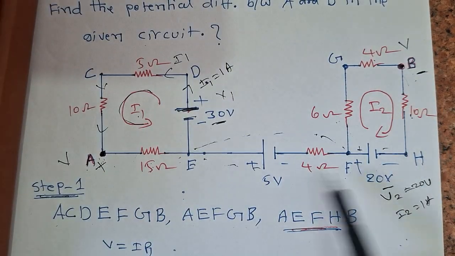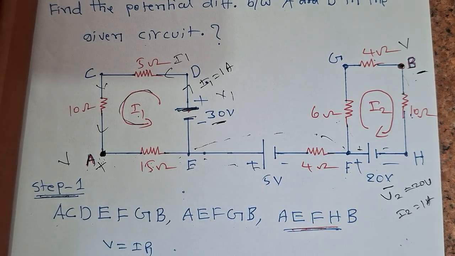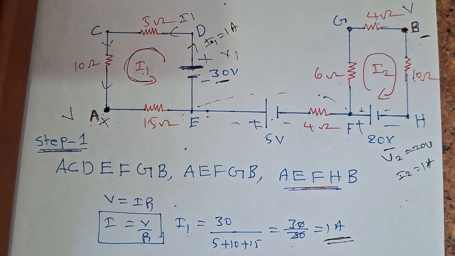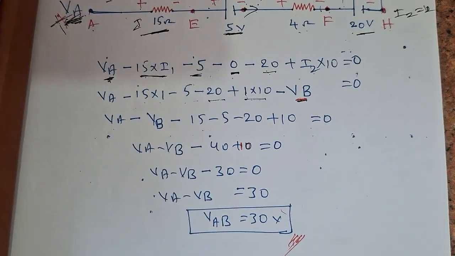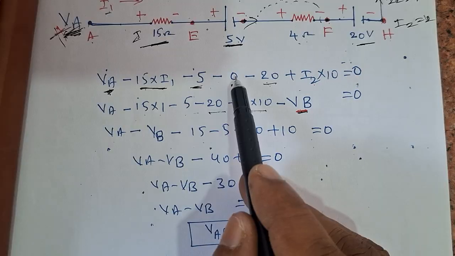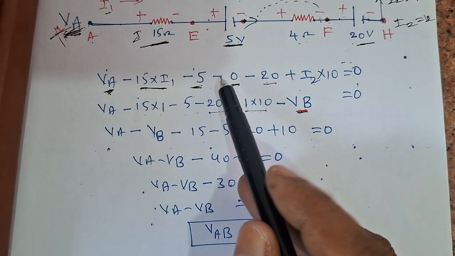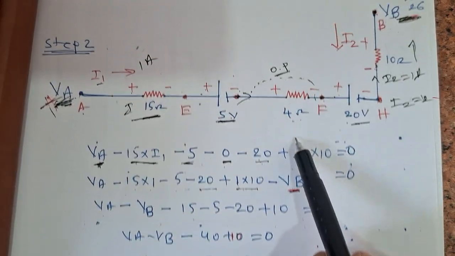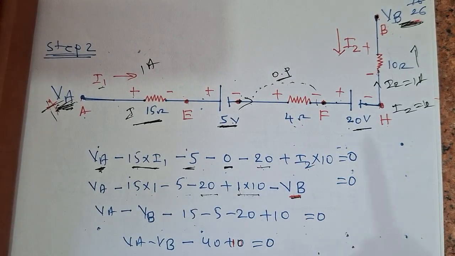In an open circuit the voltage will be there but current is 0. Therefore, when current is 0, the voltage drop is also 0. Current into voltage gives something into 0, which is 0. So we are not going to take anything across the 4 ohm resistance.